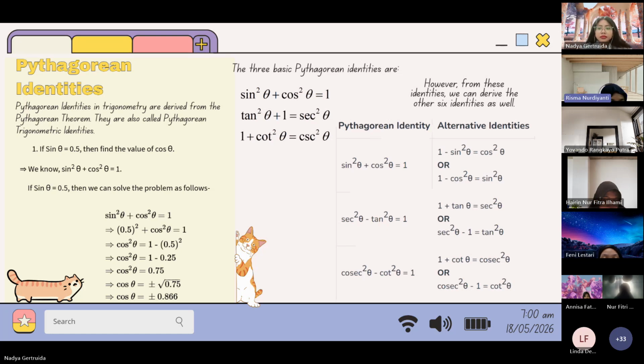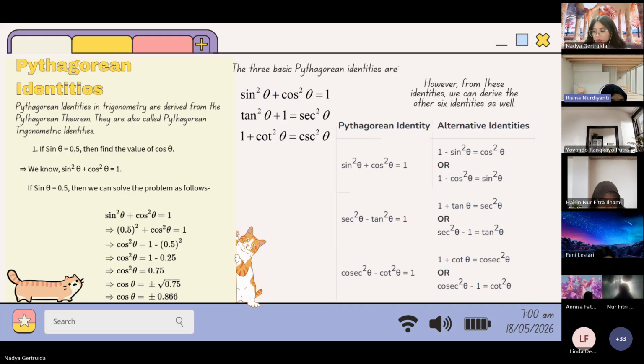Substitute 0.5 as the value of sine theta, then open bracket 0.5 close bracket square plus cosine square theta equals 1. This becomes cosine square theta equals 1 minus 0.25.